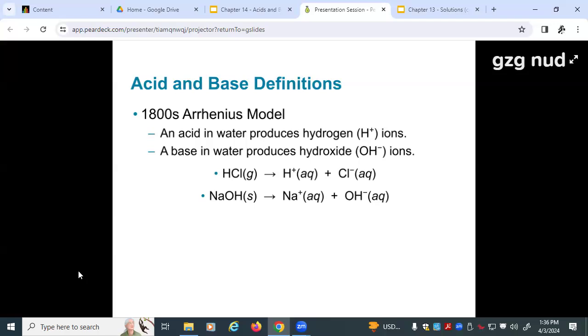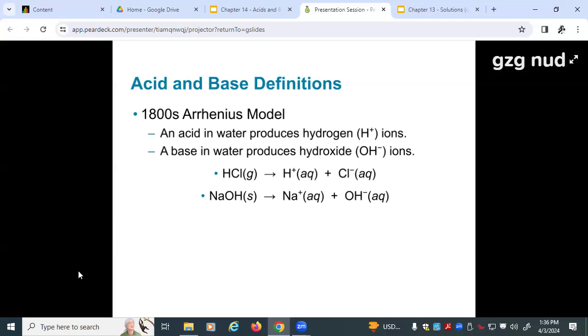The Arrhenius model is largely based on the behavior of a compound in water, and falls into basically two categories. Compounds that form hydrogen ions in water are acids, and that's why we put the hydrogen in the front of the formula.